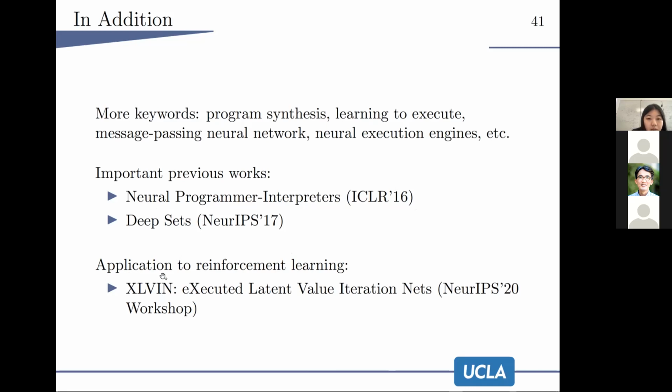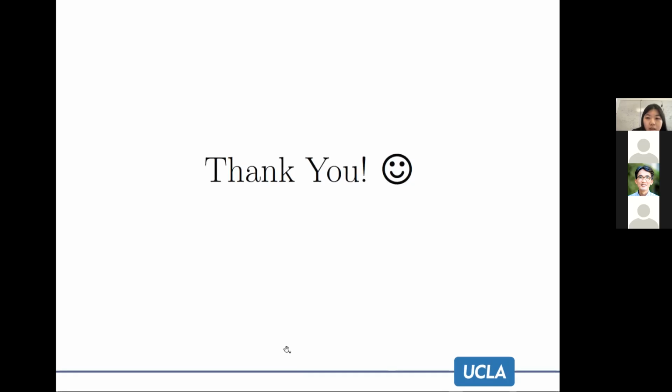In the author's talk, he also mentioned an application to reinforcement learning. This is his comment on this piece of work. And this is called XLVIN, and it is in the NeurIPS workshop. Those are some additional works to mention, and that's all for today's discussion.